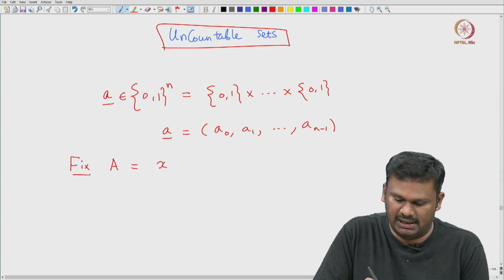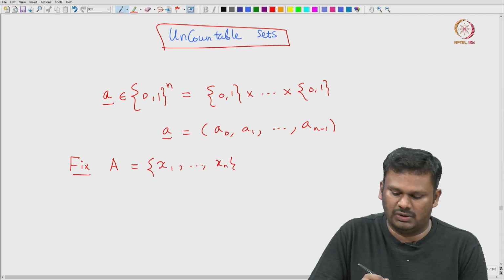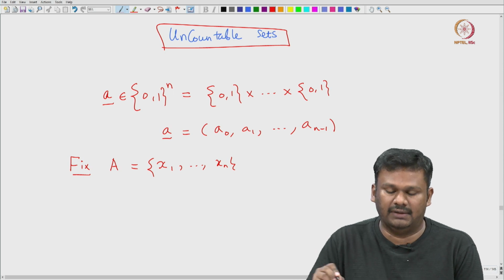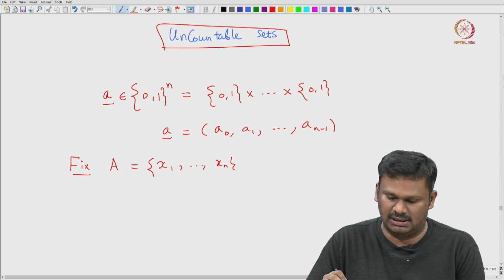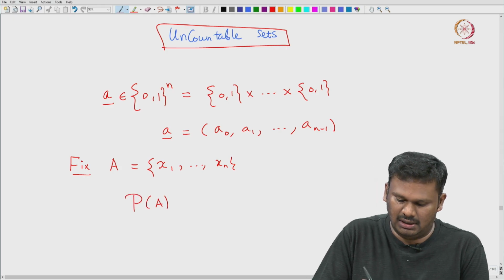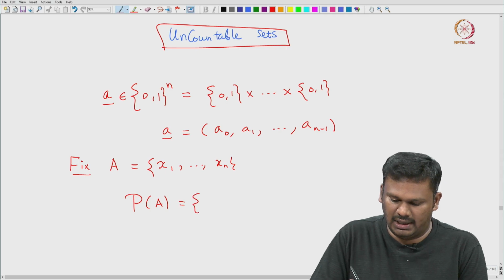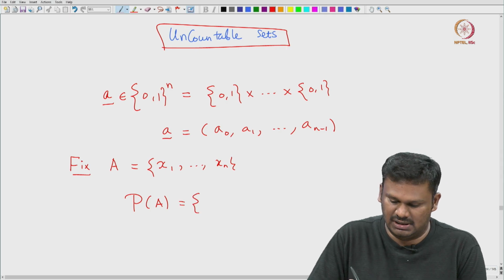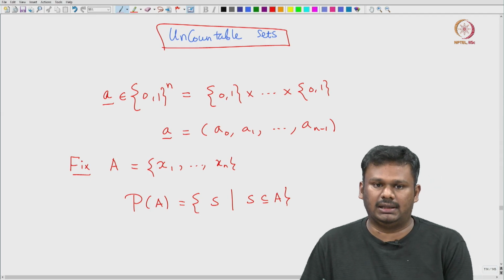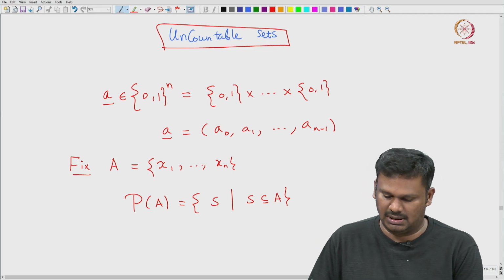Let us list them as x1, ..., xn. Now we are interested in the power set of A. By definition, you collect all possible subsets S of this capital A. Note that the empty set is there and all other subsets are there.